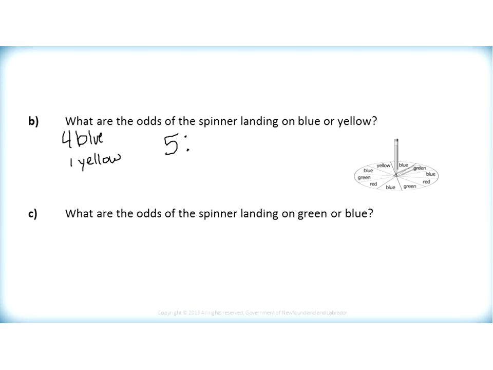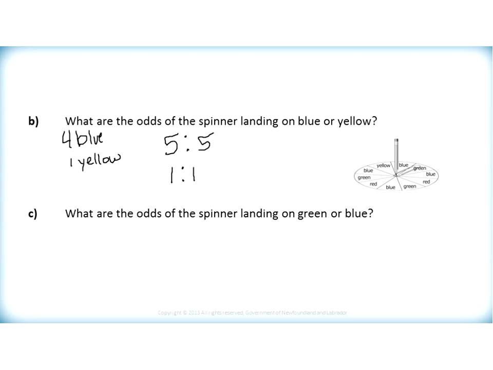That means that there are 5 unsuccessful outcomes, because there are 3 ways to spin green and 2 ways to spin red. So there are 5 spins on that spinner that are not going to be blue or yellow. We can reduce this, of course. 5 and 5 can both be divided by 5. So this is actually a 1-to-1 ratio. Okay, so 5 to 5 and 1 to 1 are identical ratios.